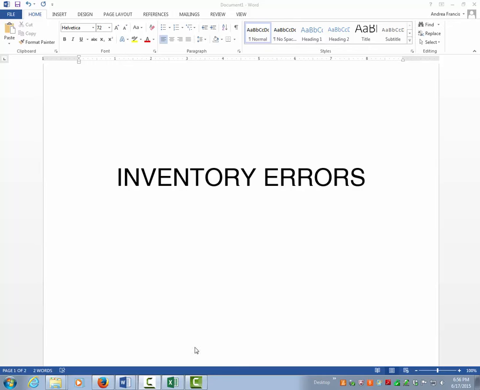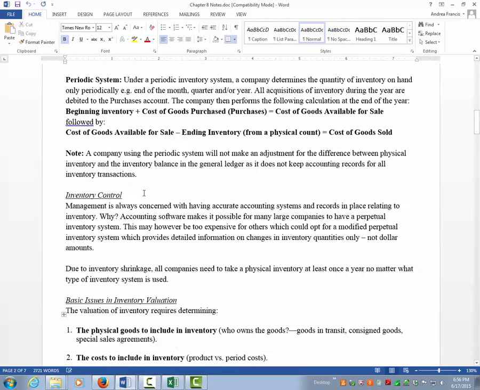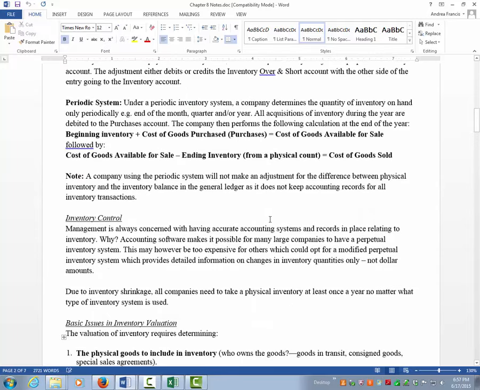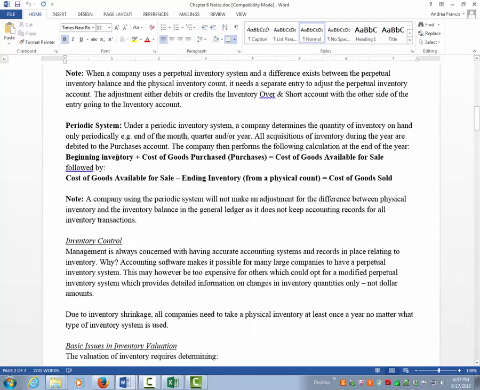When thinking about inventory errors, it's very important to bear in mind that there is a relationship that exists between all the elements that make up inventory. I am on page 2 of your handout, looking at the inventory relationship as it relates to the periodic system.